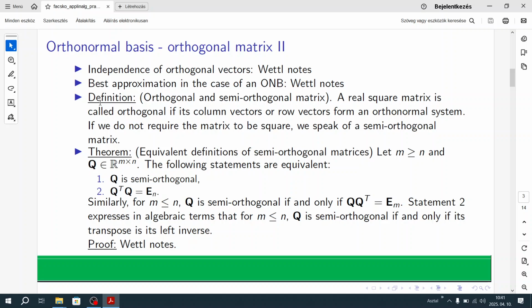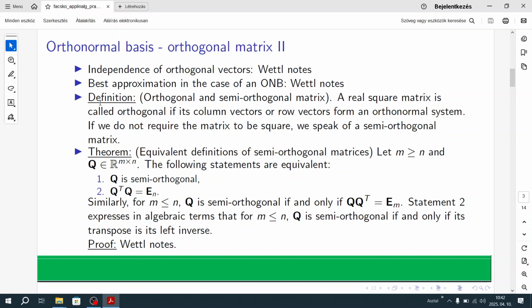I have told you we have no restriction. We put together vectors and form a matrix, or we take a matrix and divide it into vectors. This is one example. For these vectors, I do the scalar multiplication, and that's 0. And the length is 1. So this is an orthogonal matrix, which is not true. Orthogonal matrices are square matrices. This is not a square matrix, so this is a semi-orthogonal matrix.